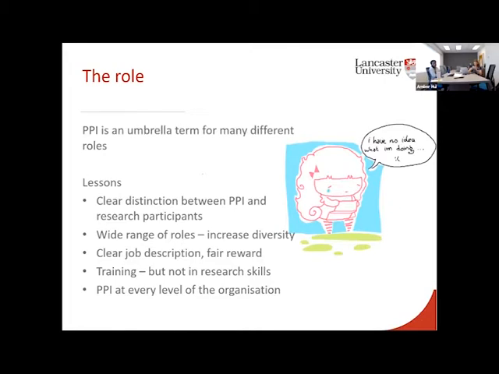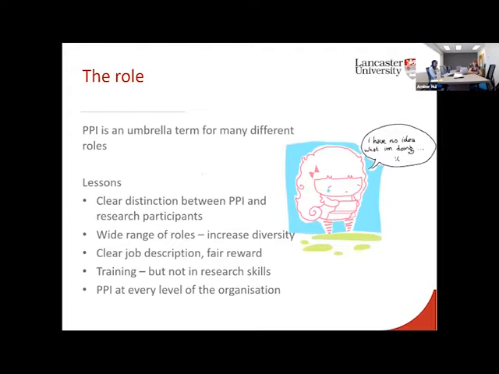And if we keep that range as broad as possible, then it enhances the chances that we keep diversity among people doing PPI, because at the moment it is definitely dominated by white middle-class people, who our health services actually serve best as well. And if we're really going to change health services to meet the needs of underserved groups, then we need to make sure that they're present in PPI.